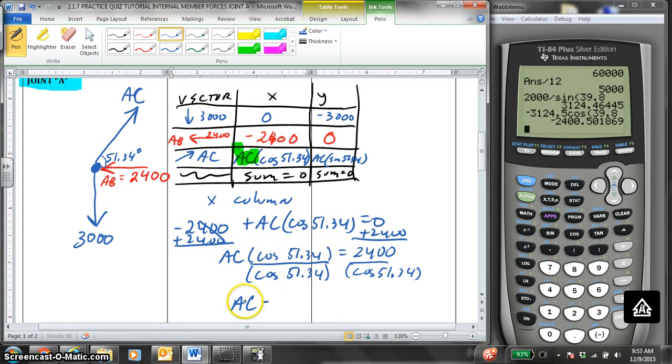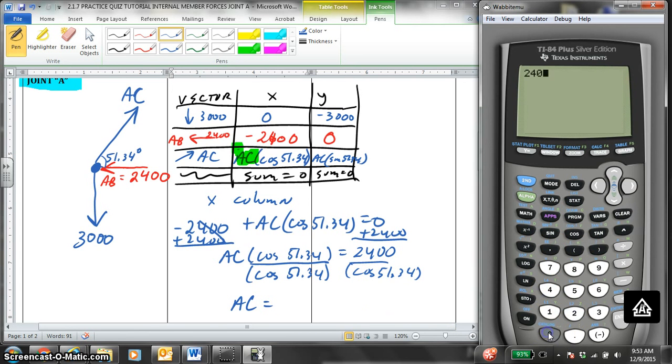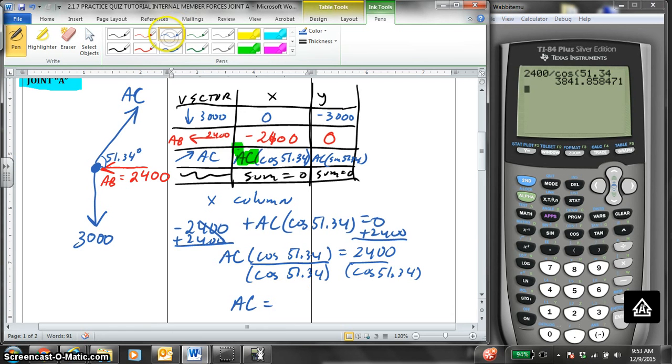So you get 1 AC equals, use your calculator here, 2400 divided by cosine 51.34, 3842. You can round to the nearest pound, it's all good. 3842 lb, since it's positive, put a tension sign there.